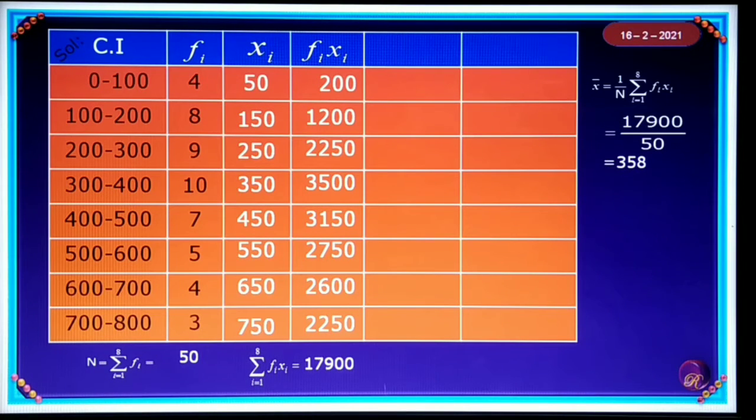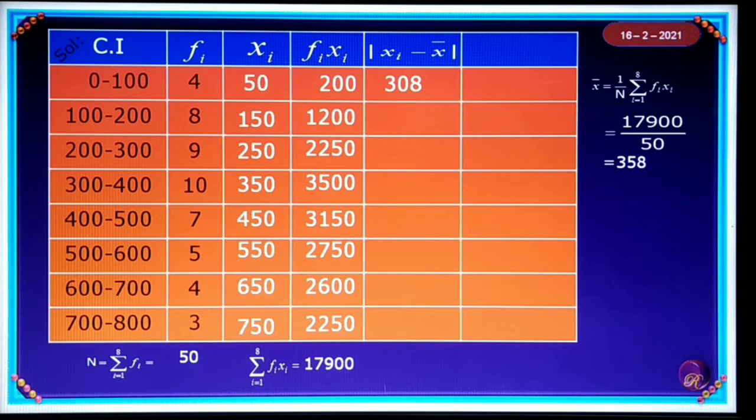Next column is for absolute values of xi minus x bar, that is absolute values of xi minus mean. Absolute value of 50 minus 358 is 308.